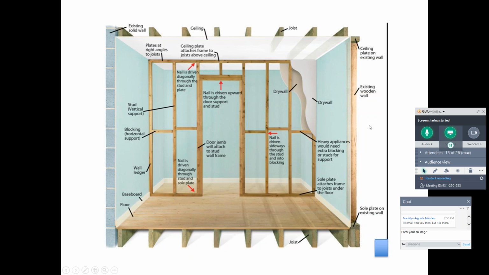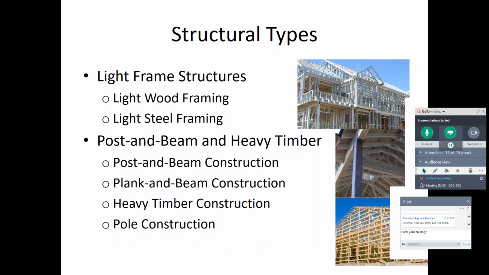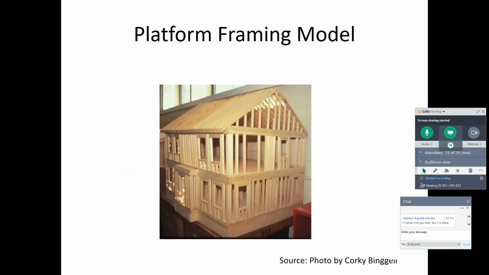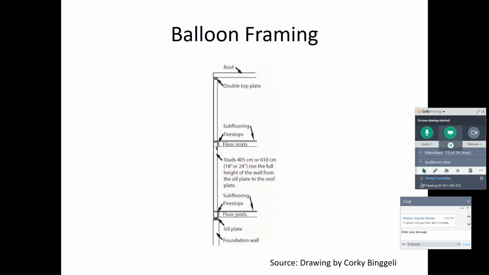That's what we're looking at within the interior of our balloon framing, using the wood to support it in that very simple pattern. We have the roof. We might have a double plate, and then our subflooring where the fire stops, and then some type of vertical member, mostly wood, and continuing that pattern all the way down.